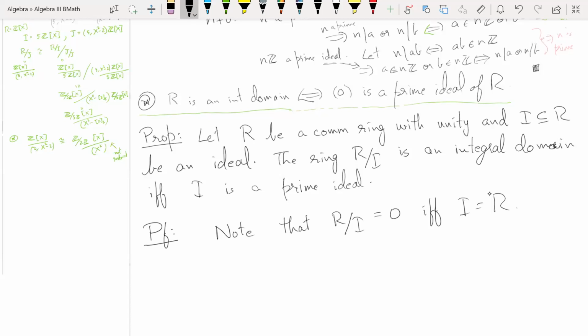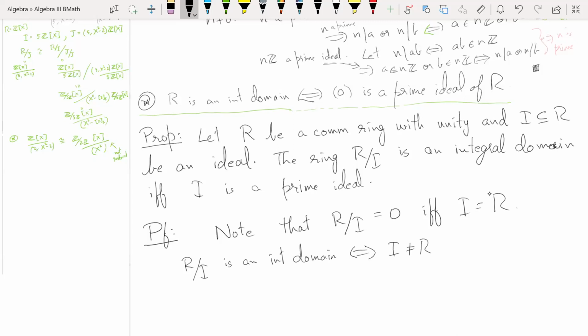Maybe I'll start from the left hand side. So R mod I is an integral domain if and only if I is not equal to R. So it should be a non-zero commutative ring with unity.